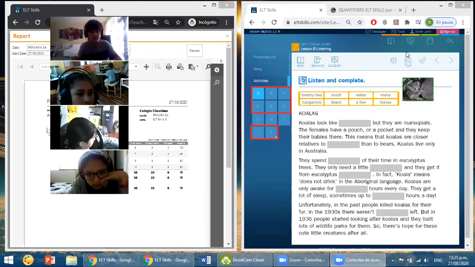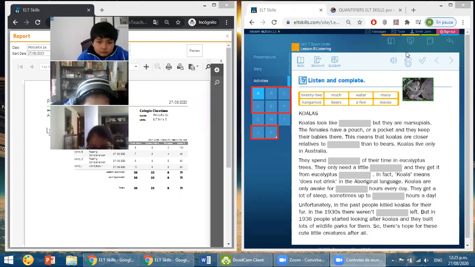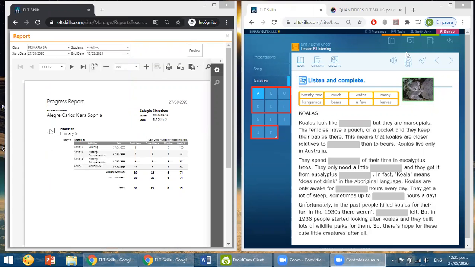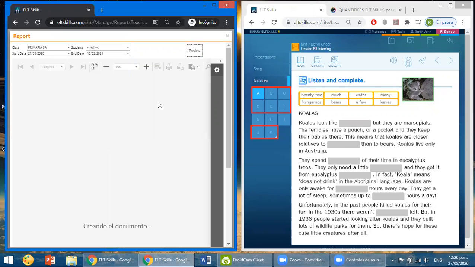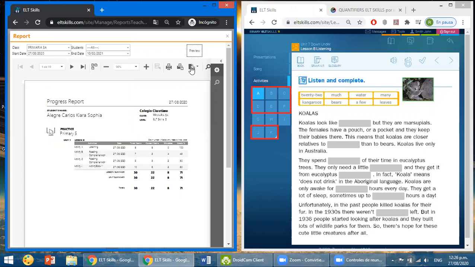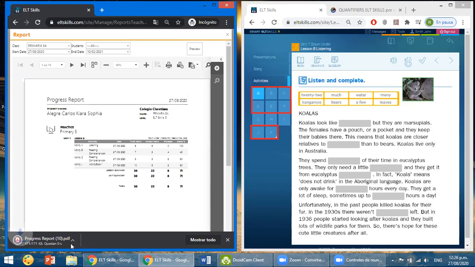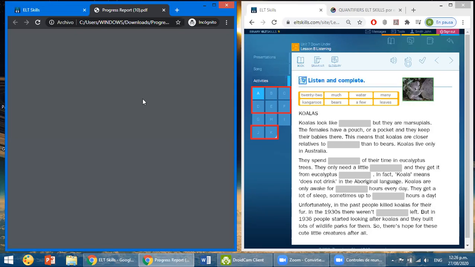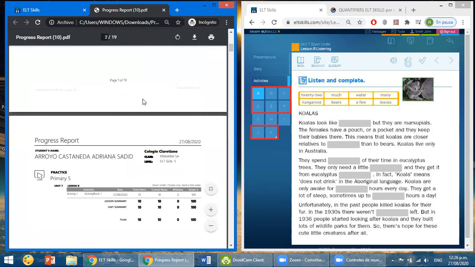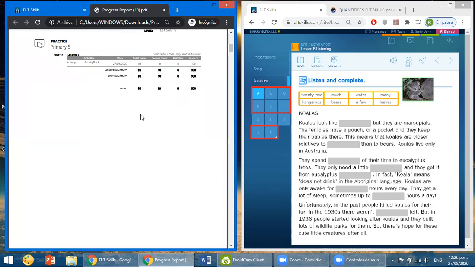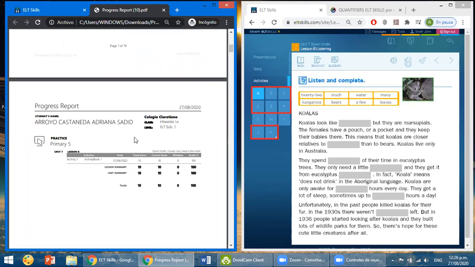Giampiero, complete your activities, please. Adriana, please work in the activities.